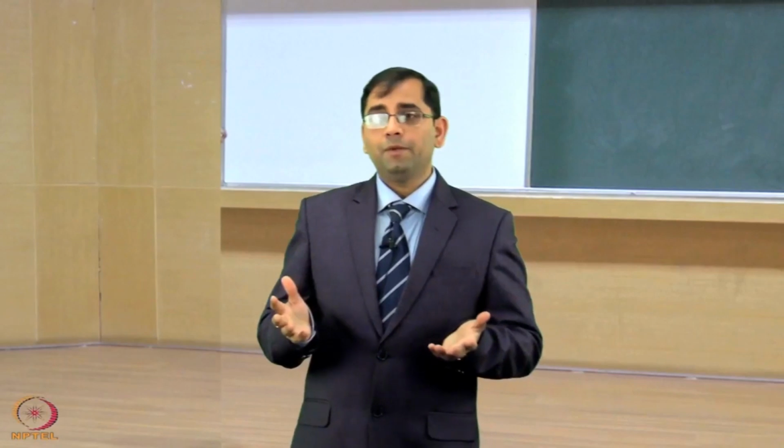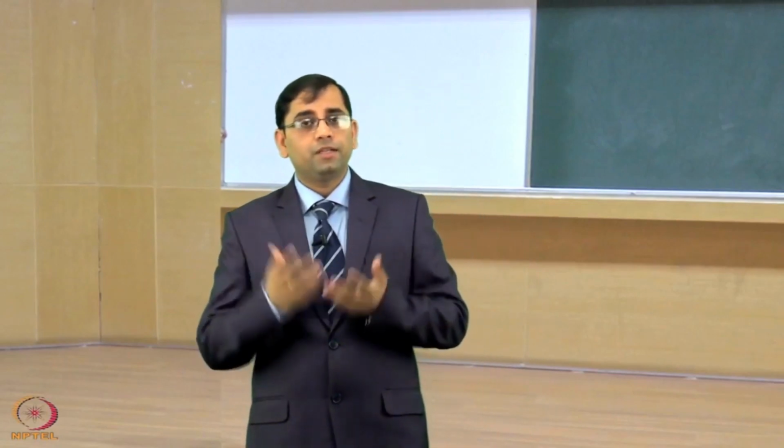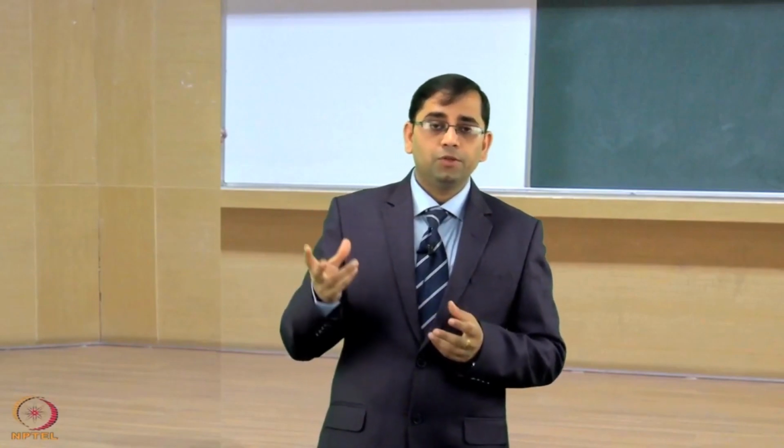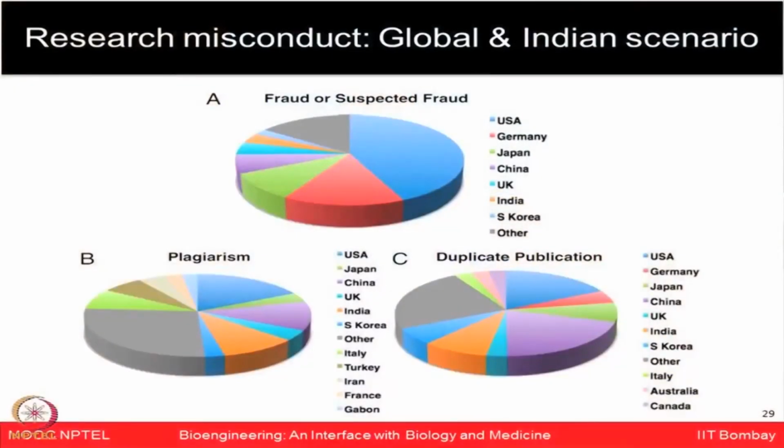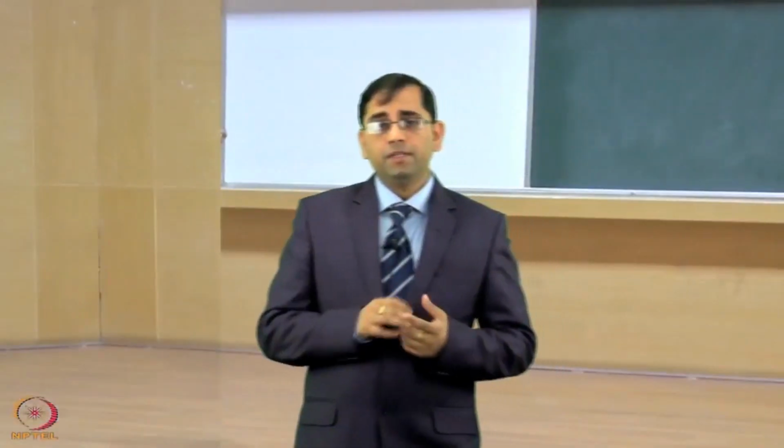Of course, the USA is shown as the largest fraction, not only because a lot of misconduct is happening, but mainly because a large number of publications come from the USA, a lot of research is happening, and therefore a fraction of that is also suspected fraud. People have found plagiarism and duplicate publication in all of these categories, and almost all parts of the world are involved in this kind of thing, which is not happening on any specific continent.